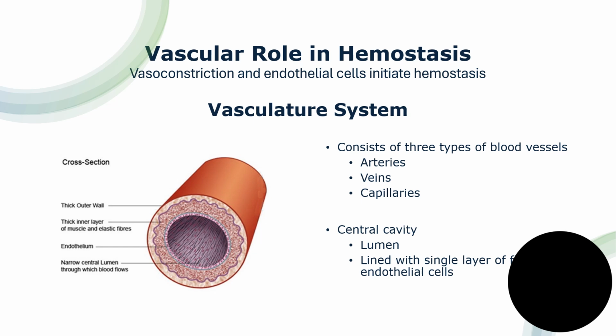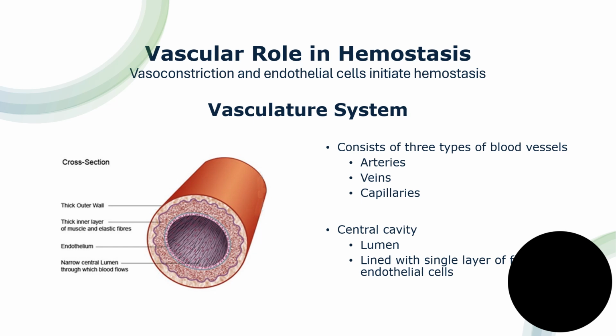The inner layer is lined with smooth endothelium, which helps reduce friction and maintain that blood flow. Veins carry deoxygenated blood from the tissues back to the heart, and they have thinner walls than arteries and larger lumens. They contain valves to prevent backflow of blood, ensuring it moves in one direction towards the heart.